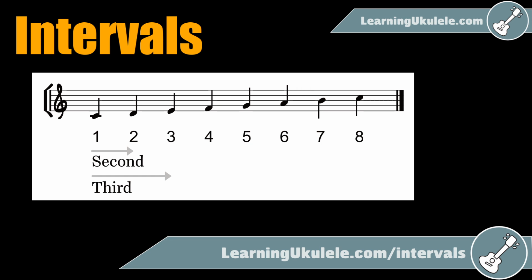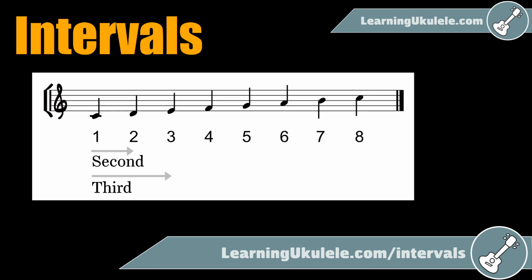So if we took the C major scale and just laid the notes out, C, D, E, F, G, A, B, C, and we numbered them consecutively, 1, 2, 3, 4, 5, 6, 7, 8, and it can go on up to 13 if we're dealing with chords. So we see the second note is the second note in the scale. So the interval is a second. Third note, the interval is a third. Fourth, fifth, sixth, seventh, and so on.